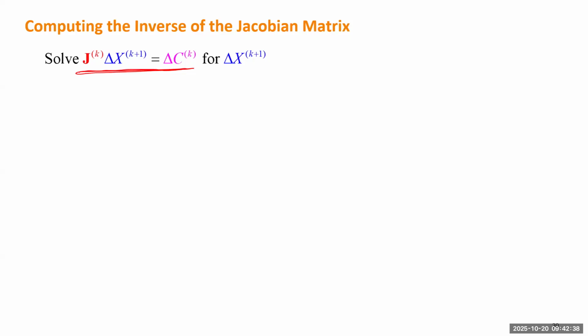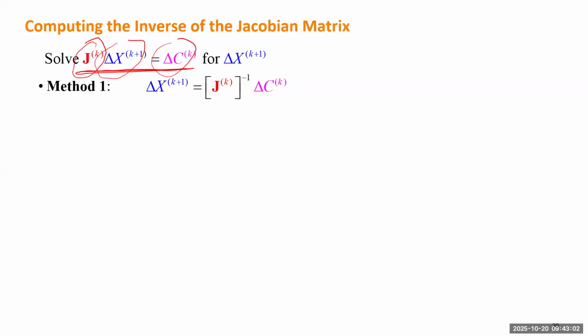So we know the gap. That's what we want to eliminate. And we want to find the update on the variable value. And the information we can utilize is only the linear part of the nonlinear function, which is the Jacobian. Okay, we solve this linear equation for delta x for the next step.